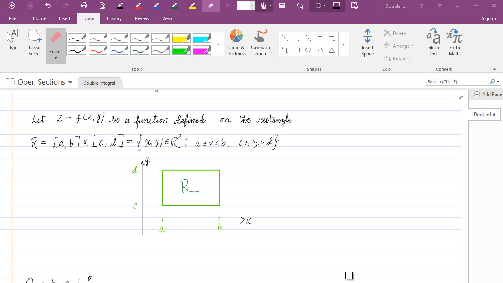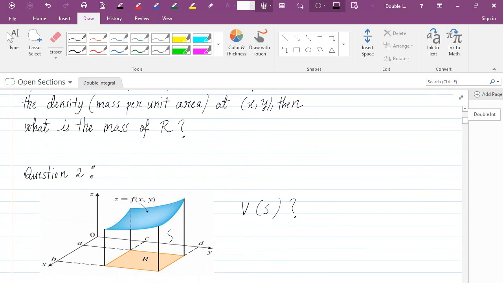So think about breaking R into thousands and millions of pieces. Then the density over a tiny piece is approximately constant. So that's the main idea that I want to use here.